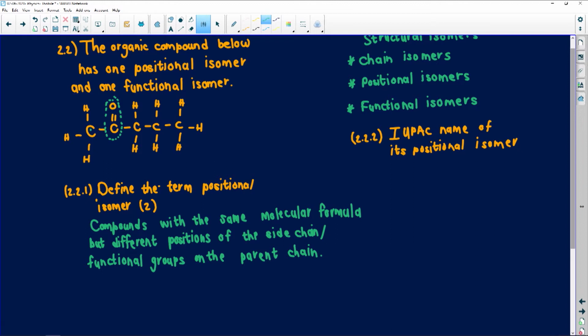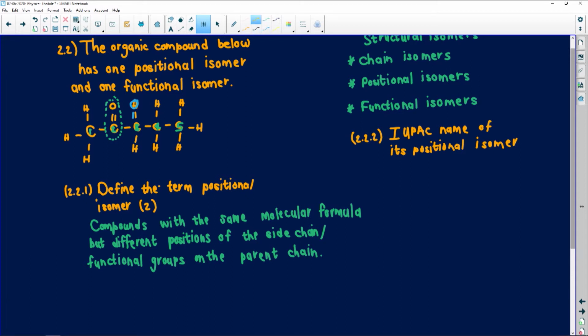Let's name this 1, this is 2, 3, 4, 5. So let's say I was to move this double bond O onto this carbon. I'm just going to write an O there and make that a double bond. This means that this O will sit on the third carbon. If I was to renumber this the other way around, let me use another color.